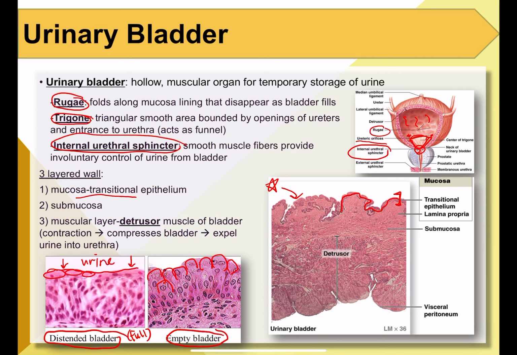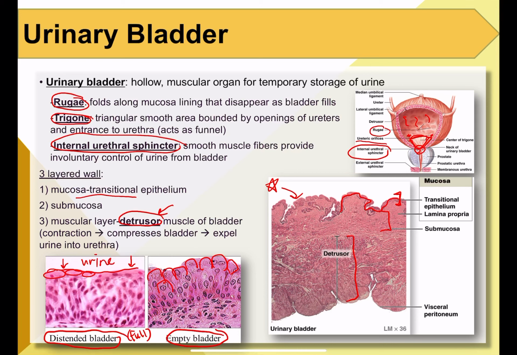And then the submucosa layer is right here underneath the mucosa layer. The muscular layer is all this right here within the bladder. It's actually called detrusor muscle. So remember detrusor muscles for muscles of the bladder.